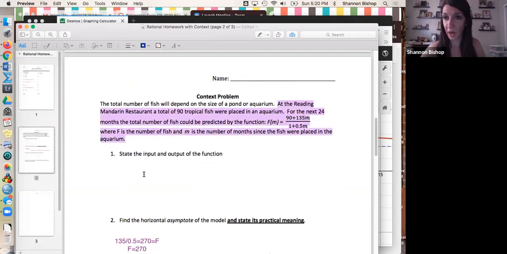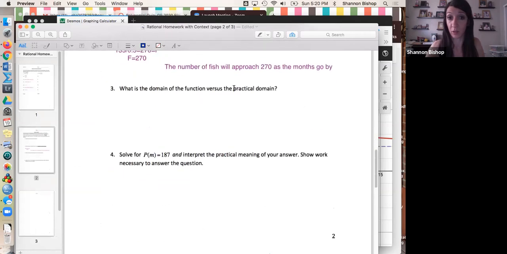So read it very carefully because there's a clue in the paragraph that tells you where the practical domain should be. So you're going to have two answers on number 3. You're going to tell me what the domain is, just of the formula itself, and then you're going to read the paragraph carefully and decide what the practical domain should be instead.